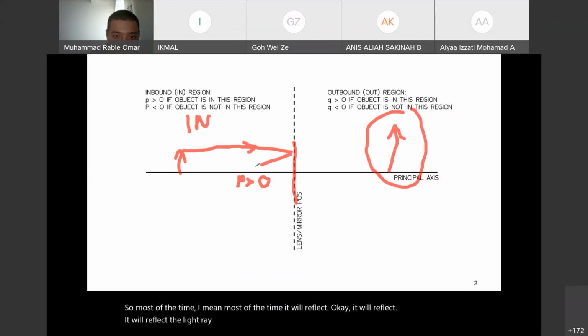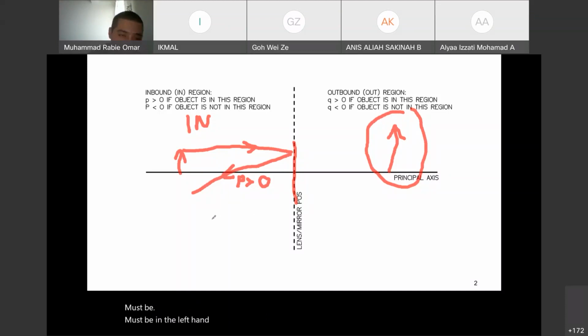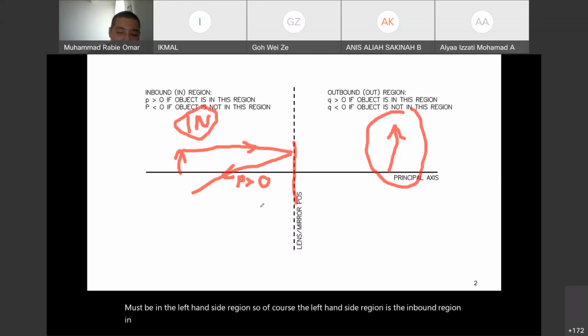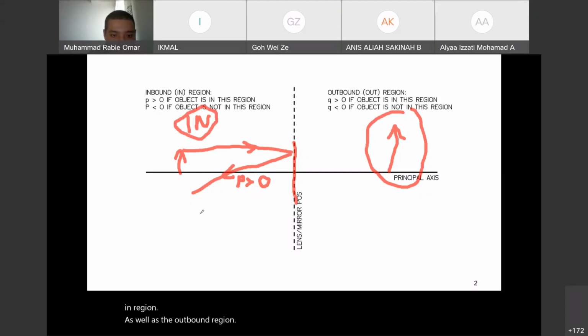The reflected ray must be in the left-hand side region.